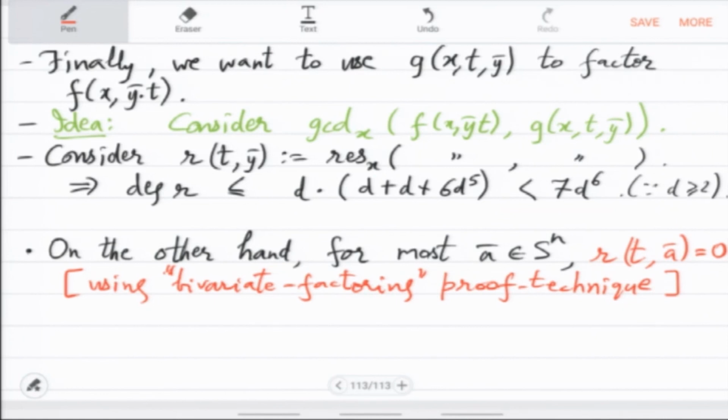Right, so you know that G in fact will give you a factor with F for y bar equal to a bar. So hence the resultant will be 0. So actually most of the a bars, they are a root of R. But when that happens, see R has limited degree, right? If it has too many roots, then by the polynomial identity lemma you deduce that R is actually 0.